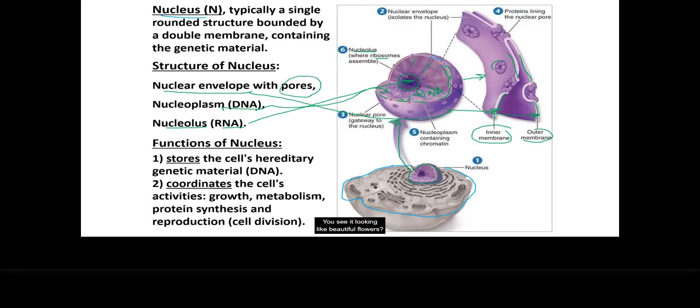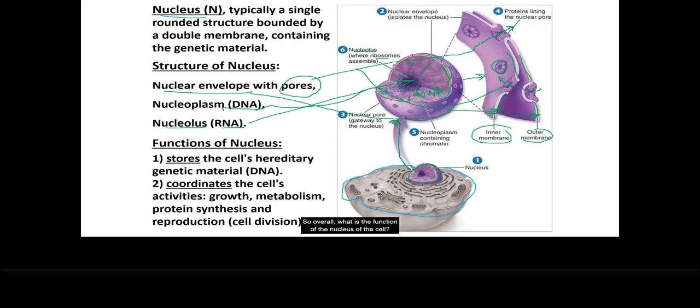You see, they look like beautiful flowers with a pore inside, and molecules can leave through these pores or come into the nucleus or away from the nucleus.